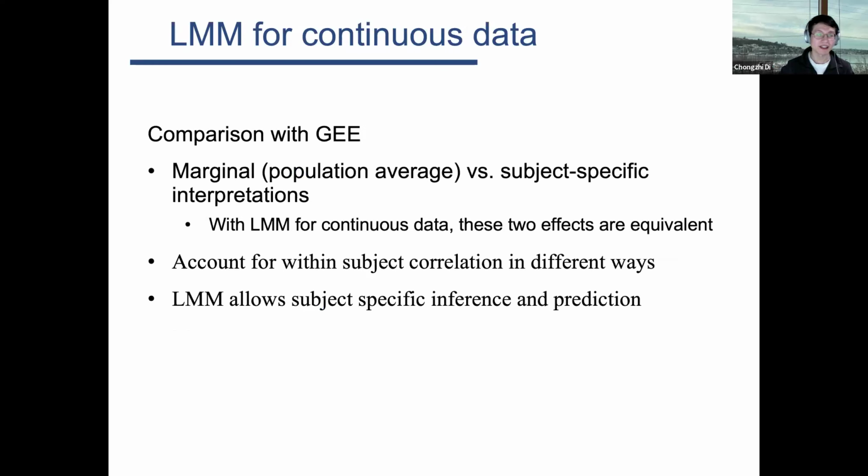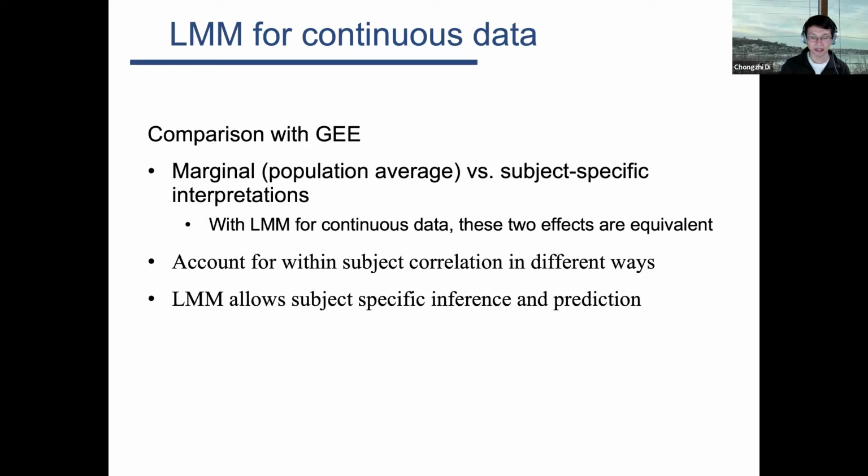In terms of comparison with GEE, I think I briefly answered this earlier. Again, this is in the context of continuous outcome data where you use linear mixed effects models. Just to reiterate the differences, GEE is more focused on so-called marginal effects or population average effects.